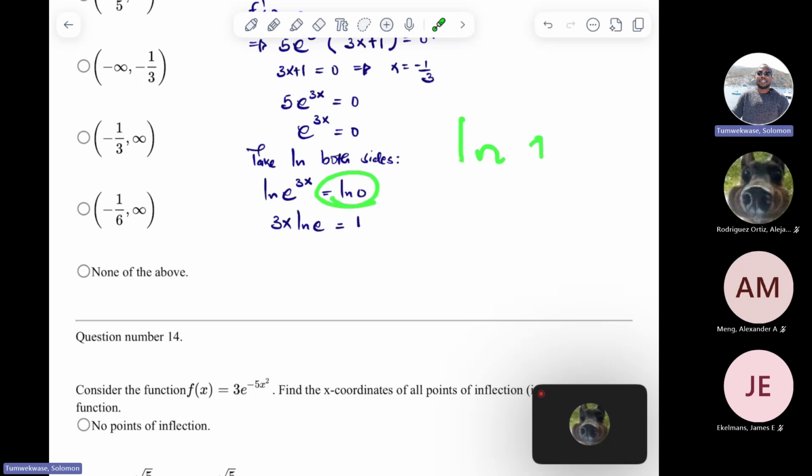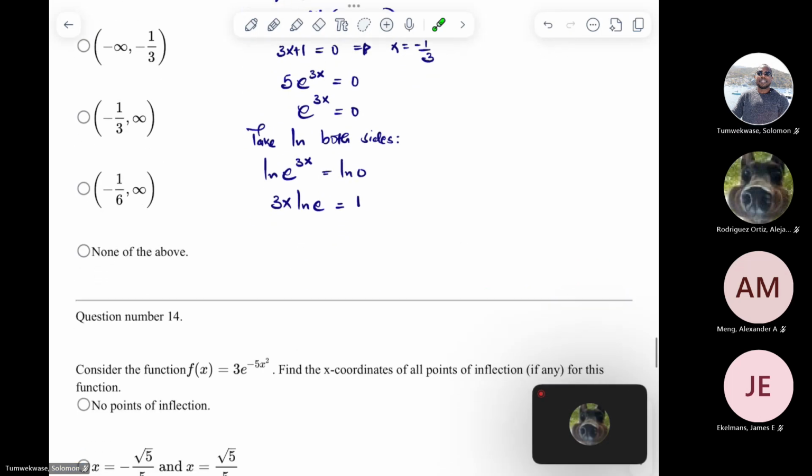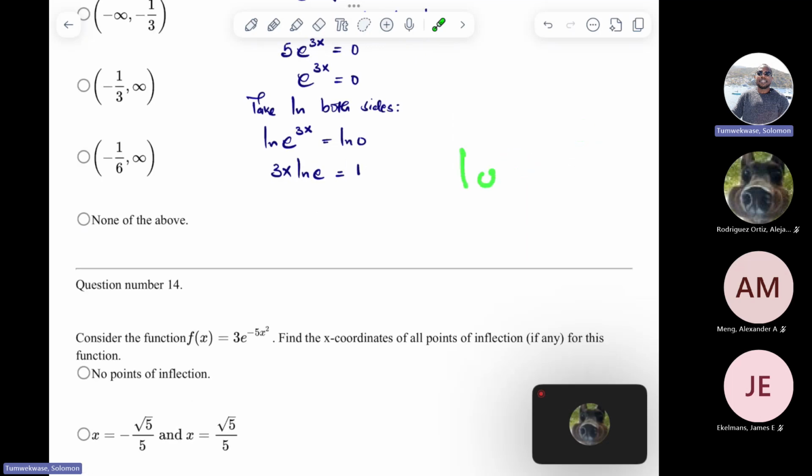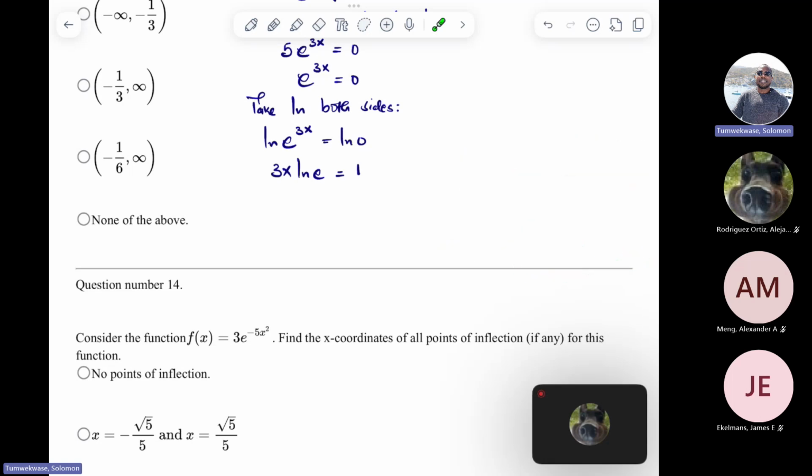What is actually true is that natural log of 1 is equal to 0, right? And why is that? This is because when I say natural log of 1, I mean log base e of 1. But 1, I know that any number to power 0 is 1. So I can write 1 as e to the power 0. By rules of logarithms, this 0 can drop, and I have 0 times log e of e. But 0 times anything is the same as 0.